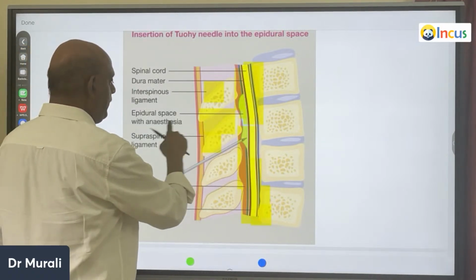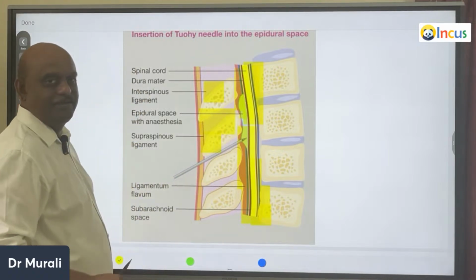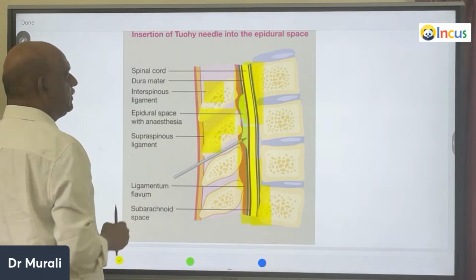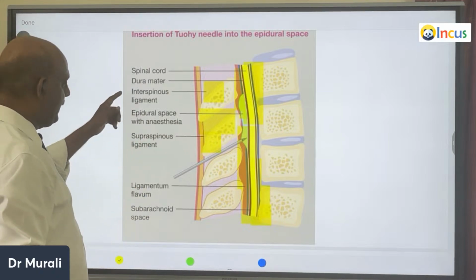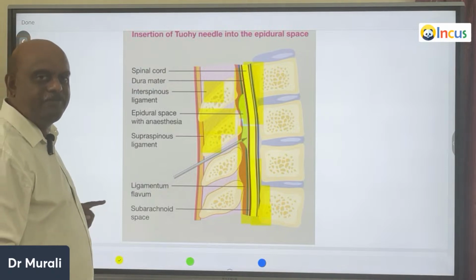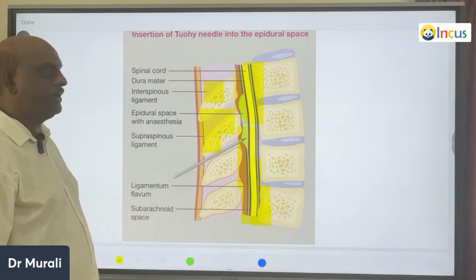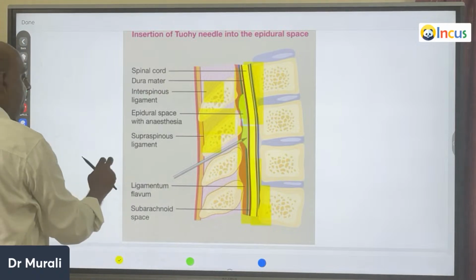And then there is something above the level of the dura, the epidural space. So to reach this epidural space, you need to pass through the interspinous ligament, supraspinous ligament, and the ligamentum flavum. The needle needs to pass these to reach the epidural space, which is the point of interest.